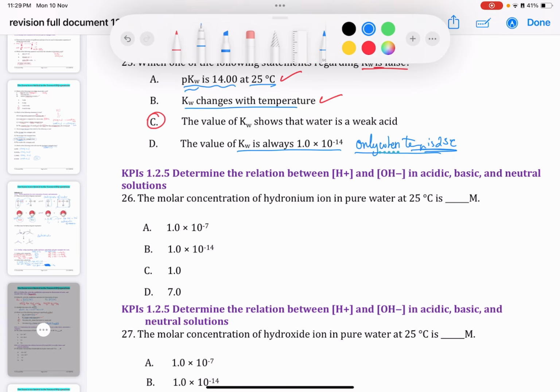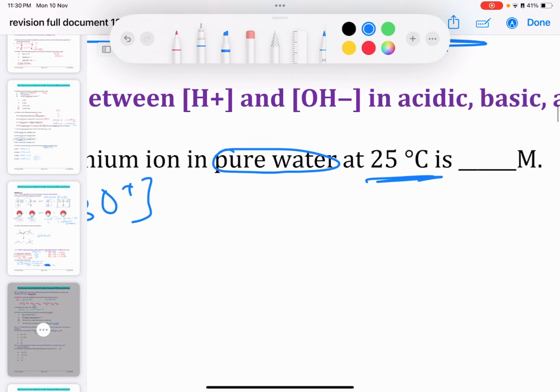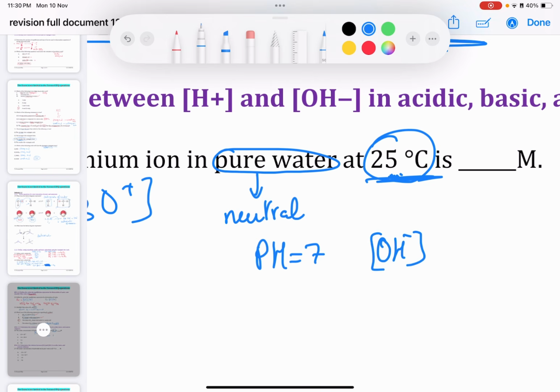So let's continue. The molar concentration of hydronium ion. Whose hydronium ion? That's H3O plus. In pure water. And see, they told you it's at 25 degrees Celsius. When they say pure water, it means when neutral. And when neutral, pH equals 7. Also, we know that OH minus is equal to H3O plus.